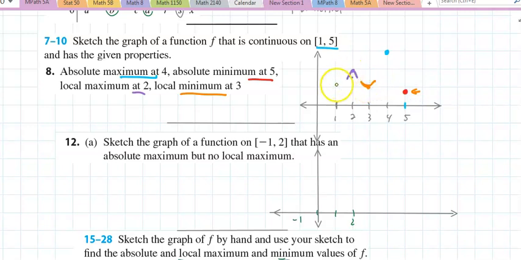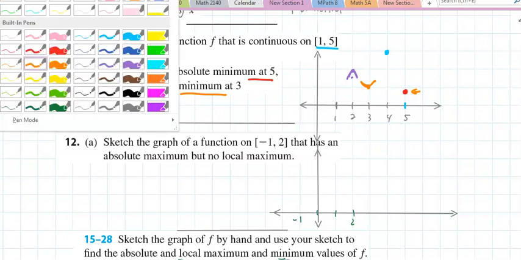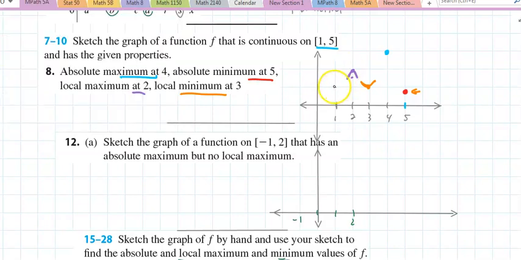So that's one possible scenario. Of course, there are many scenarios you could do, as long as this is the highest y value of them all, and this is the lowest y value of them all, you're okay.